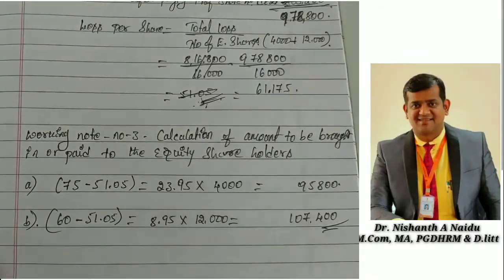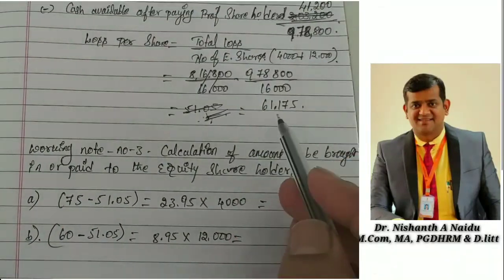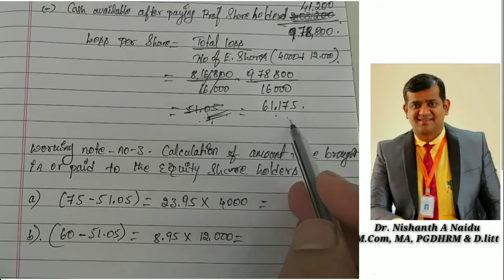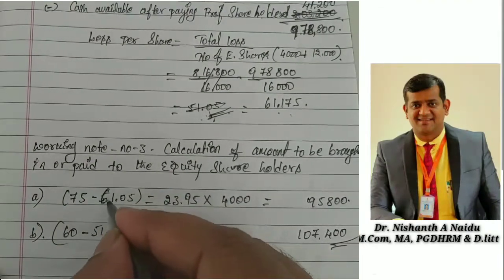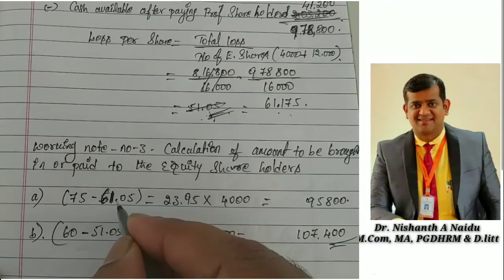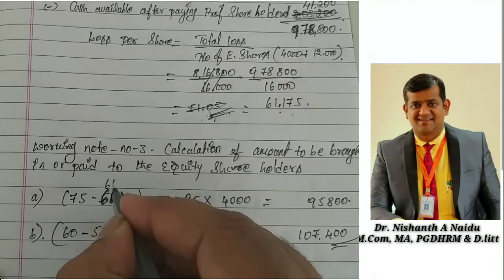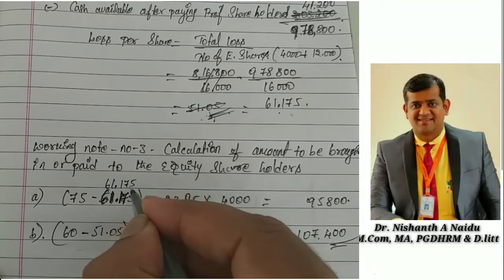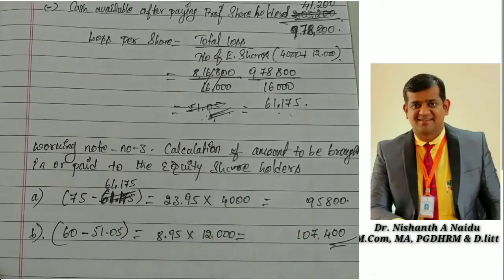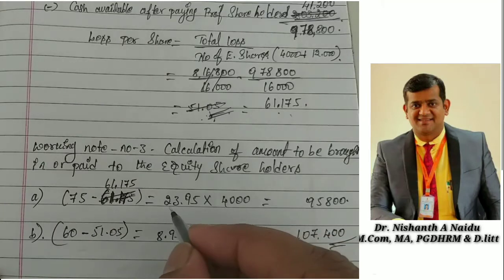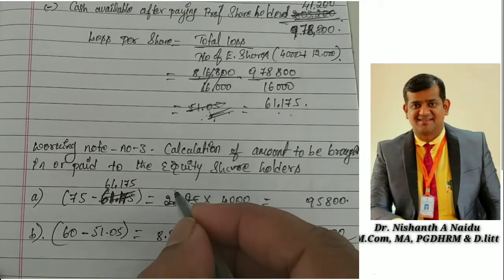Those who have paid 75 rupees are going to bear a loss of 61.175 rupees, which my calculator is showing. So deduct it: 75 minus 61.175. How much do you get? 13.825.